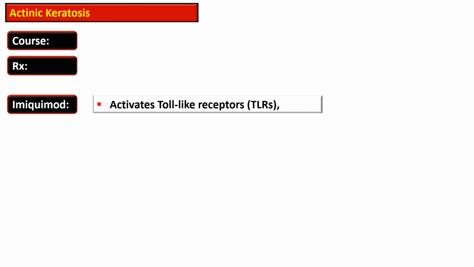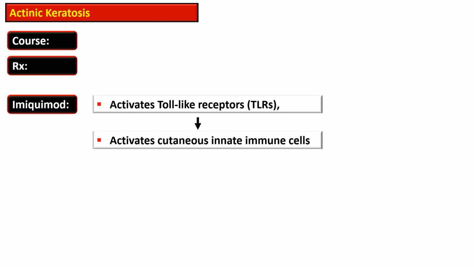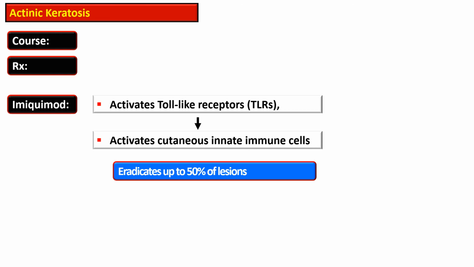Imiquimod is a drug of choice for the treatment of actinic keratosis, and it activates toll-like receptors, and due to activation of toll-like receptors, there is activation of cutaneous innate immune cells, and these cutaneous immune cells may recognize and eradicate precancerous lesions.